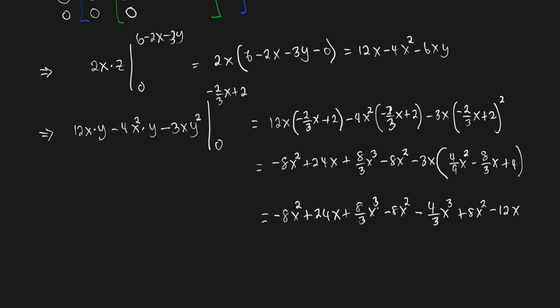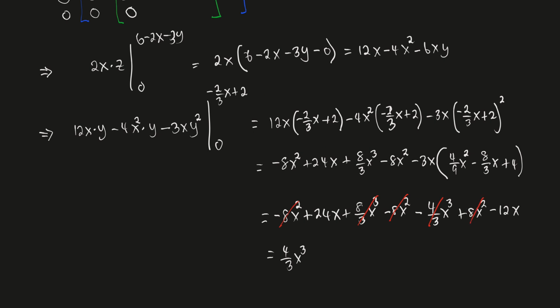So for the x cubes, we have 8 thirds minus 4 thirds, so that's 4 thirds x cubed. Let me cross out what we've gotten rid of. So we got that. Then for the x squared, we're just left with the negative 8x squared because we have a negative 8, another negative 8, and then a positive 8x squared.